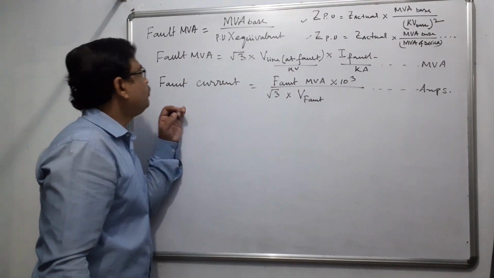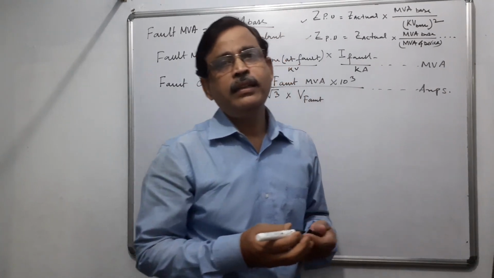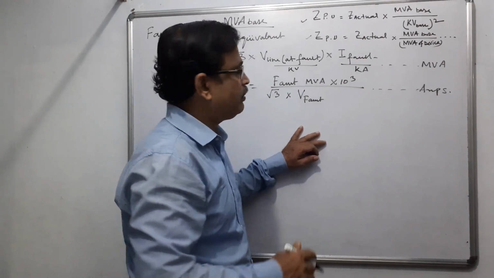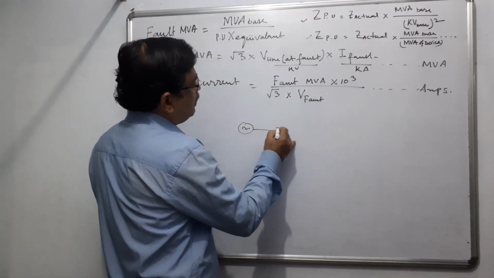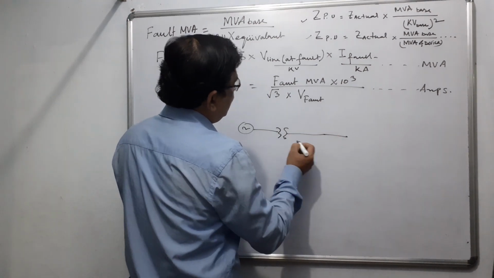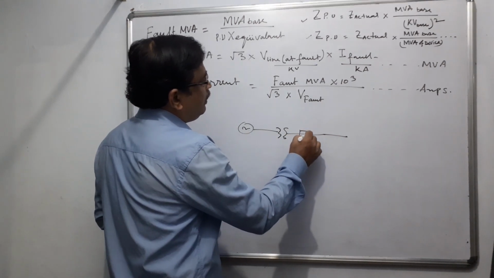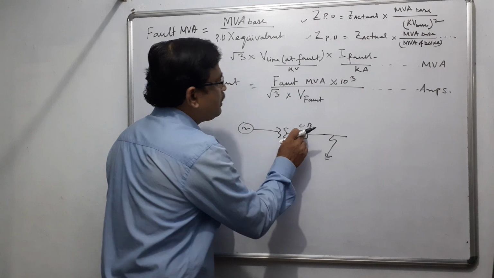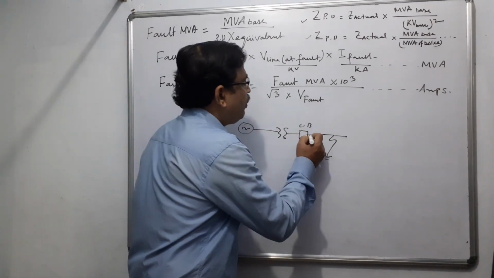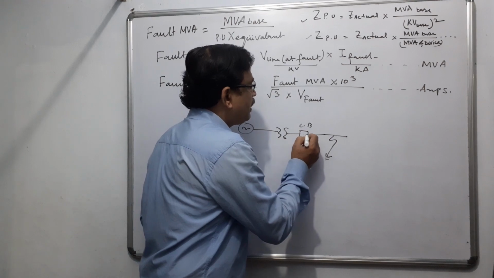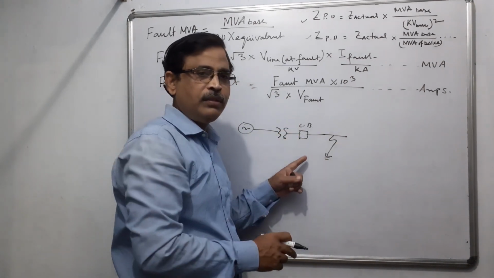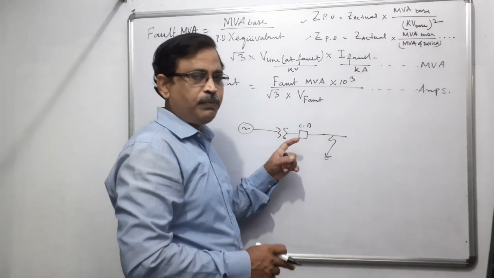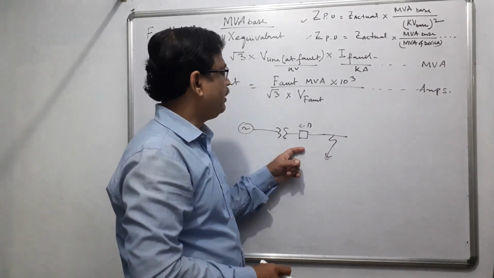So why is this fault MVA and fault current so important, or why do we need to calculate that? Suppose this is one power system network, and if a fault occurred here, then this is a circuit breaker. This circuit breaker must be capable of handling the fault power and the fault current passing through it. So from the design point of view of the circuit breaker, fault MVA and fault current are very essential.